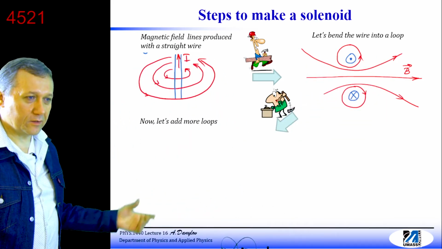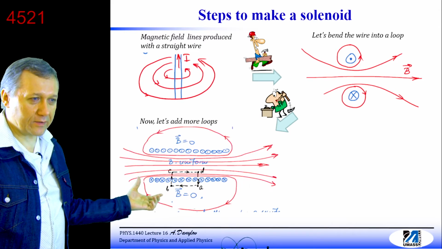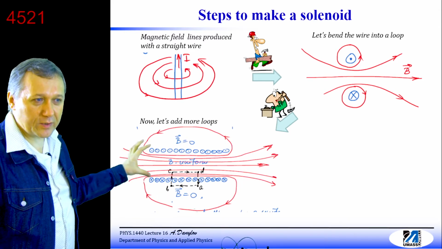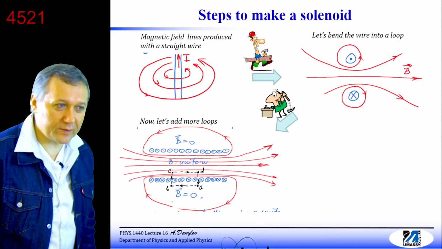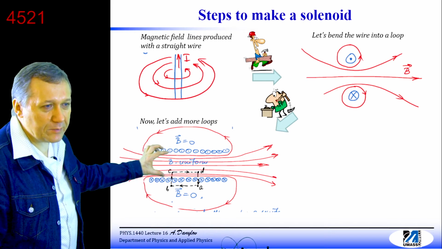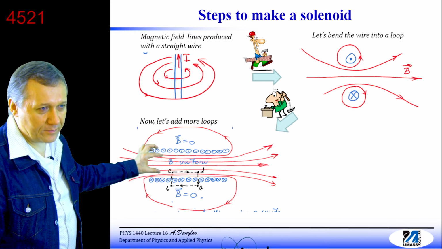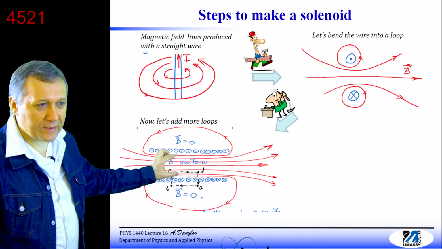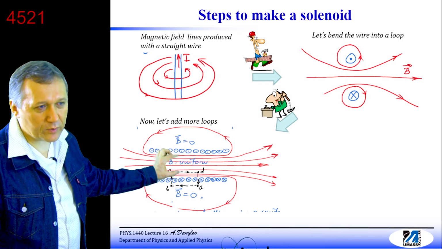When you create many loops like this, you're going to get magnetic field lines of this shape. And if you look reasonably deep inside of the solenoid, the magnetic field is uniform. The density of magnetic field lines is going to be approximately the same.